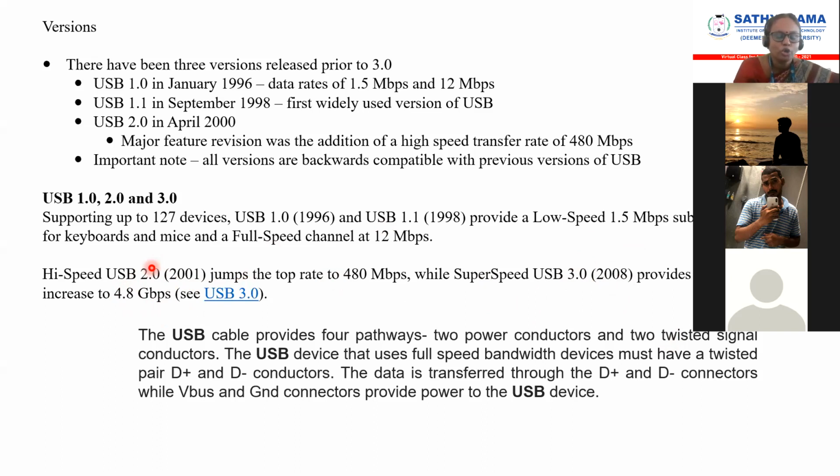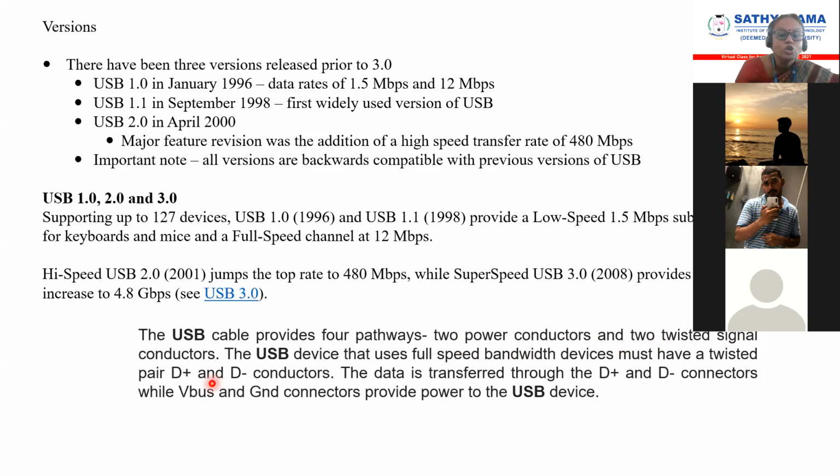So you have seen it going from a few megabit per second to gigabit per second. Once I plug it in, I can automatically transfer and store my data. I don't need any external power to save, it is easy to carry, and the size is very small. And you all know USB has four pathways: two power conductors and two twisted signal conductors. The power conductors are supply and ground, which we always need.